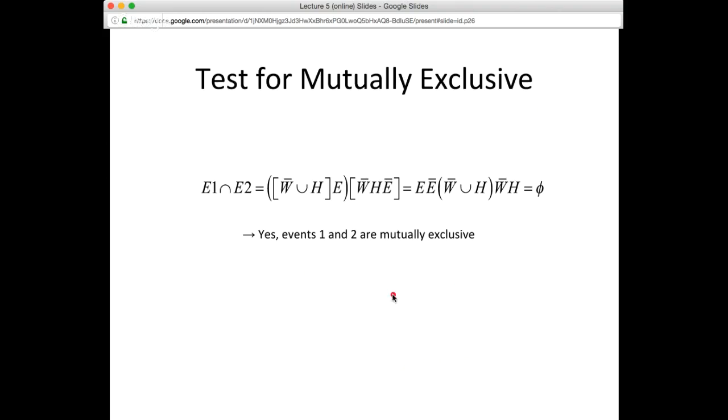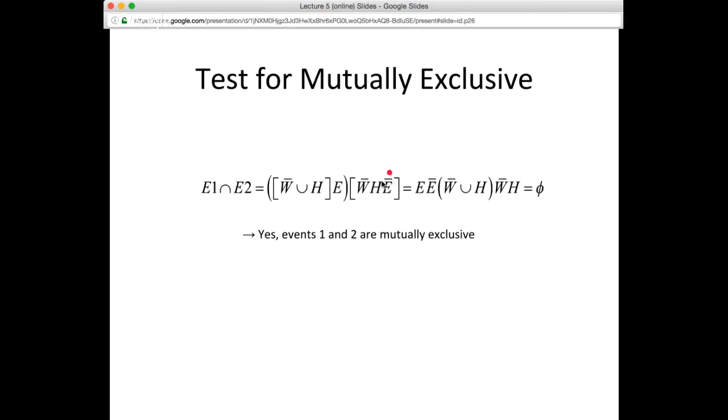Okay, let's do a test for mutual exclusivity. One of the things we know is that if events 1 and 2 are mutually exclusive, then if we intersect them, we should get the null. So we take event 1, which we figured out was W complement union H intersect E, and we intersect it with event 2, which is W complement H complement E. We can do some rearranging by the commutative rule.